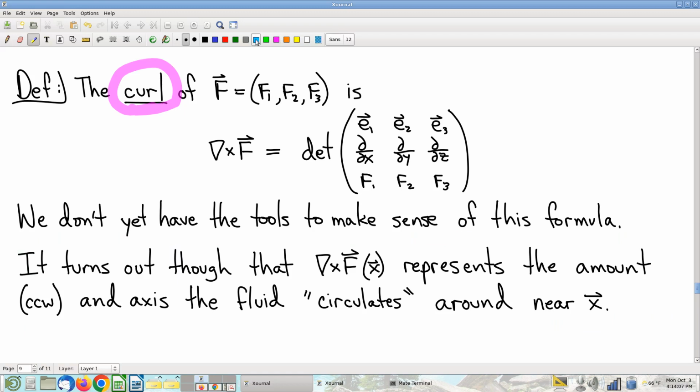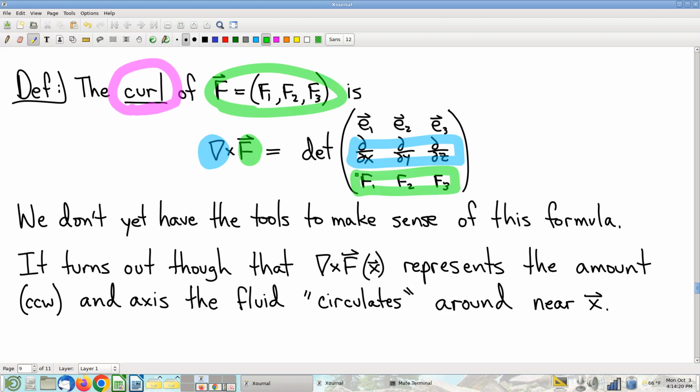So again, it comes off of the del operator. You see the del operator right there. And del is something that you do to a vector field f, which you see right there. And notice that my formula for curl is a cross product. And don't forget that this is how you compute a cross product.